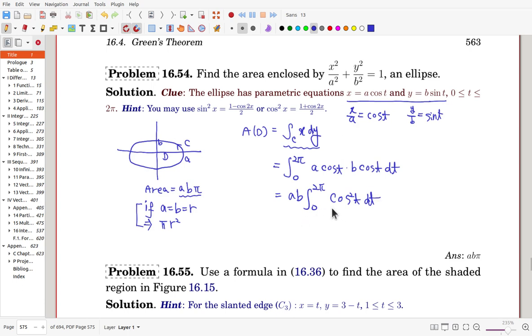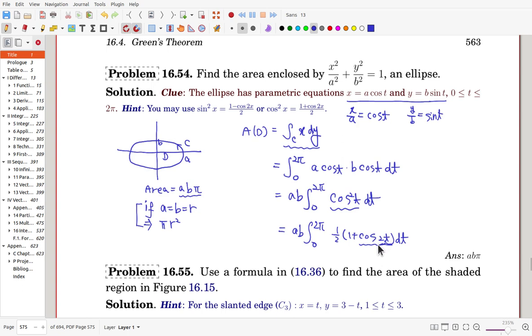Now for this one, we may use the formula: cosine squared t is half of 1 plus cosine 2t. So that is ab times the integral from 0 to 2 pi of half of 1 plus cosine 2t dt. t is moving from 0 to 2 pi, then 2t is from 0 to 4 pi. So this cosine portion will make 2 full cycles.